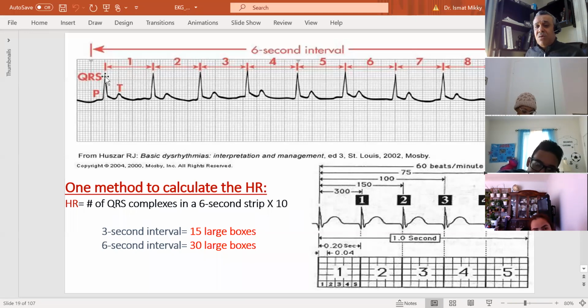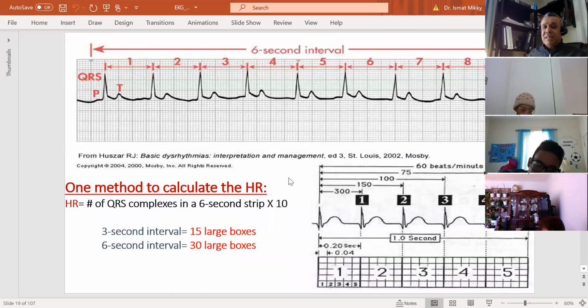So once it's regular, we're going to count cycles. We skip the first R wave: cycle 1, 2, 3, 4, 5, 6, 7, 8. So within the 6-second strip, or the 30 boxes, we counted 8 cardiac cycles. The 8 cardiac cycles times 10 will give you an approximate heart rate of 80.